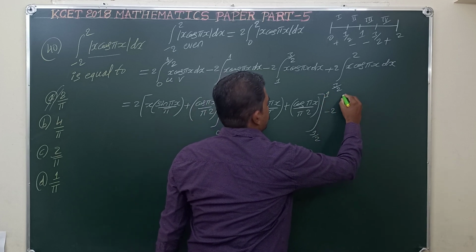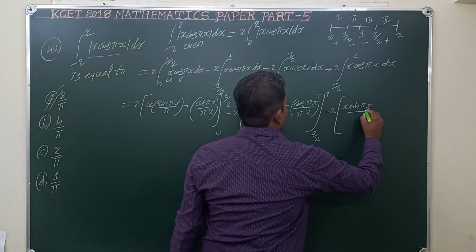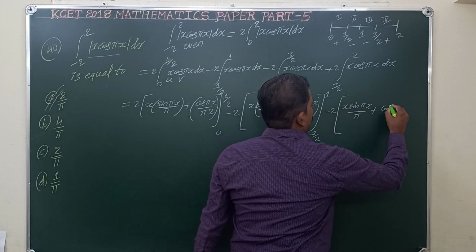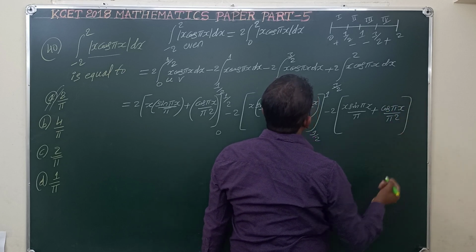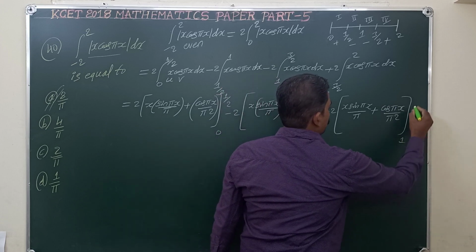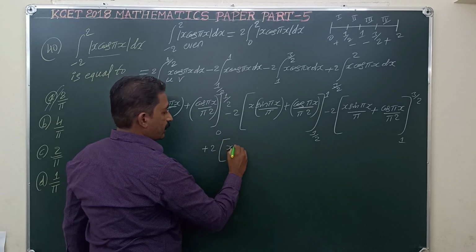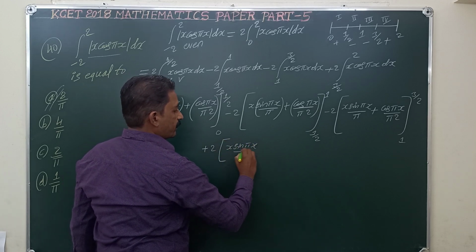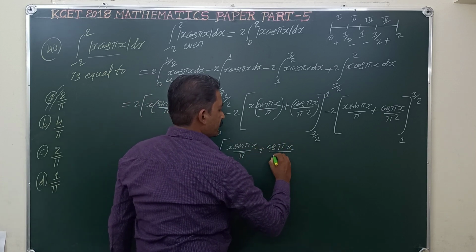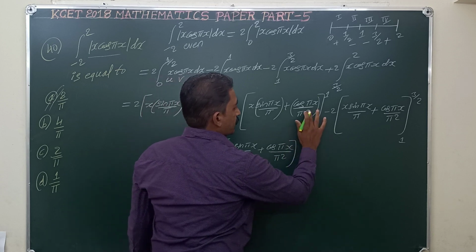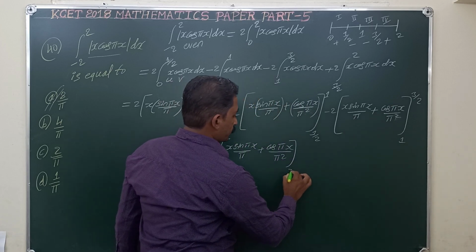Next, minus 2 times the same value from 1 to 3 by 2. And the last term, plus 2 times the same expression, x sin pi x divided by pi plus cos pi x divided by pi square, from 3 by 2 to 2.